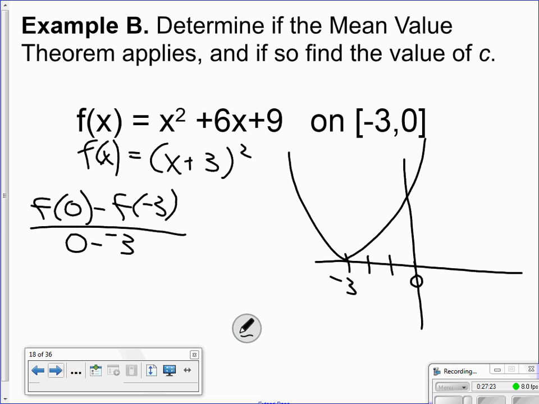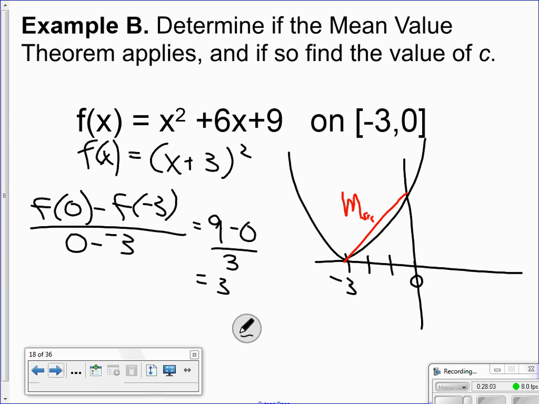I'm going to get the slope of the secant. I just drew in the secant. f of 0 would be 9, f of negative 3 is 0. What are you guys getting for that? 3? Okay. That makes sense, right?